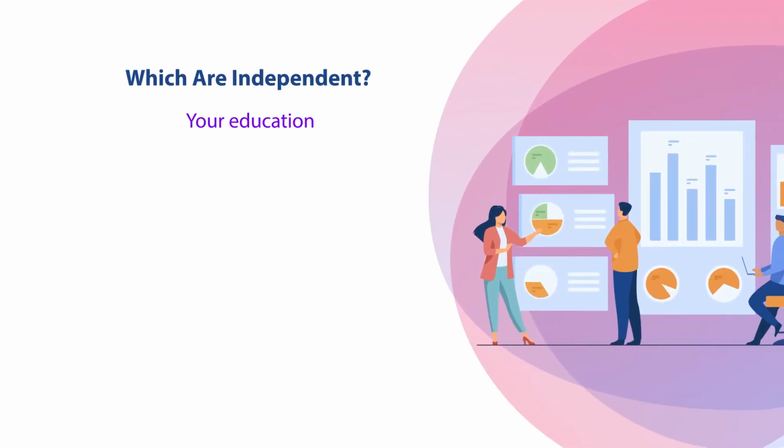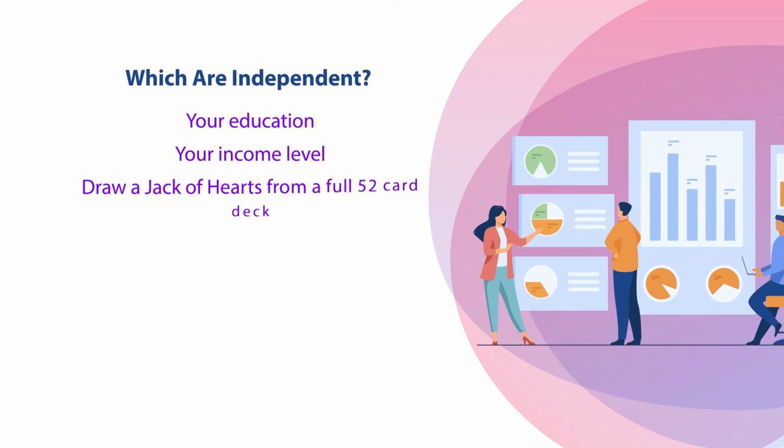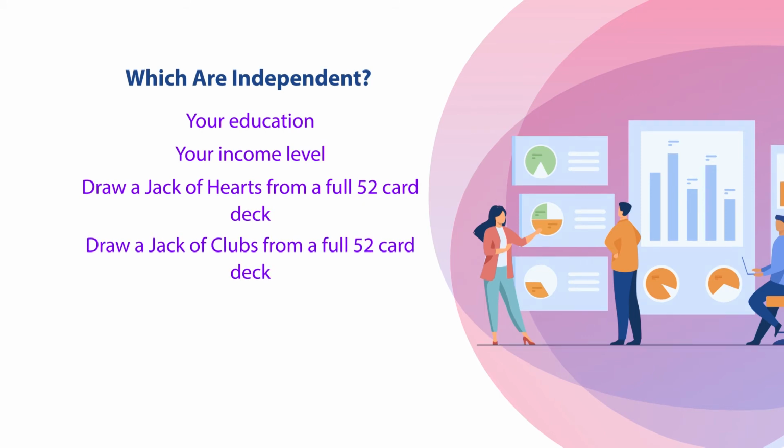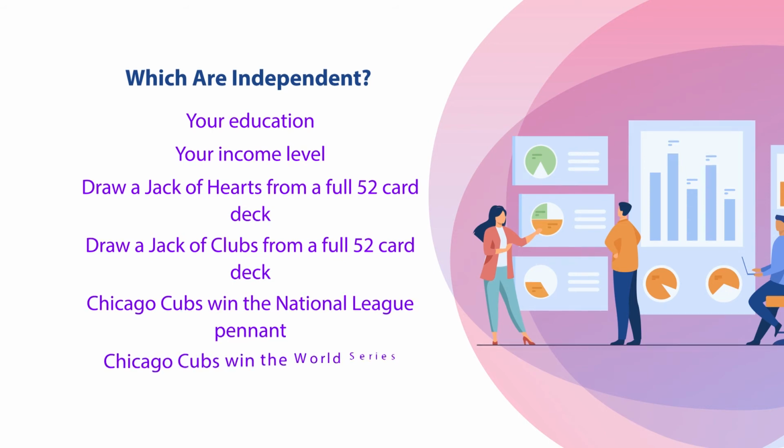Your education and your income level, for example. Draw a jack of hearts from a full 52-card deck, draw a jack of clubs from a full 52-card deck, or the Gymkhana club wins the National League match, or the other cricket clubs or the IPL win the different cricket series. So this is all about the things.